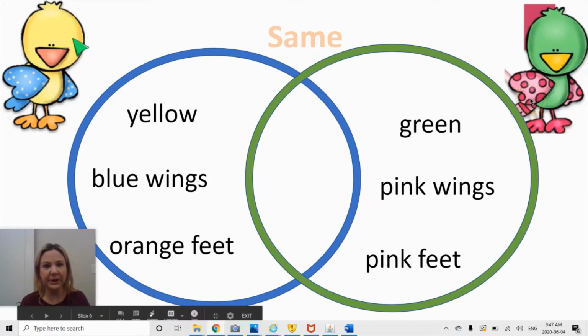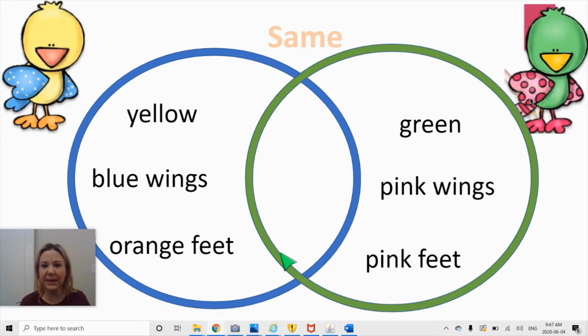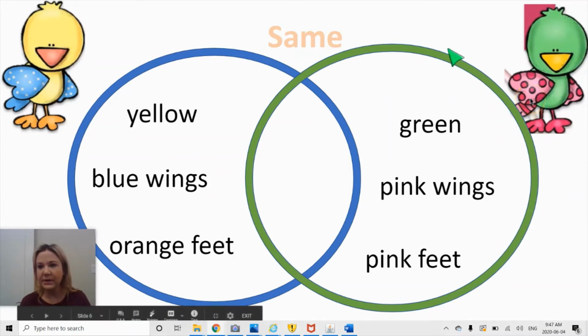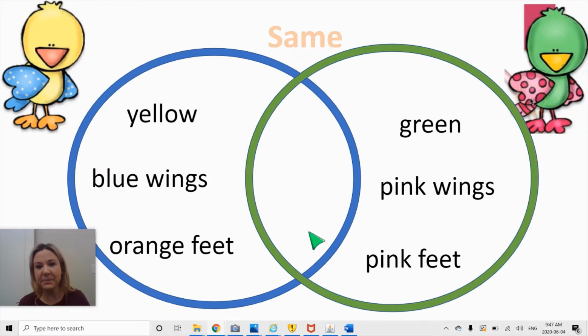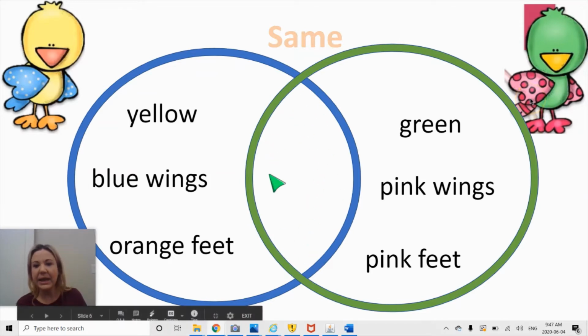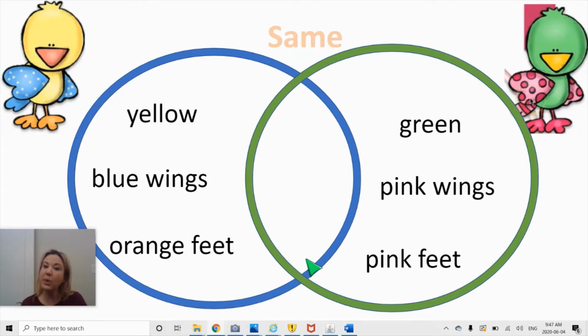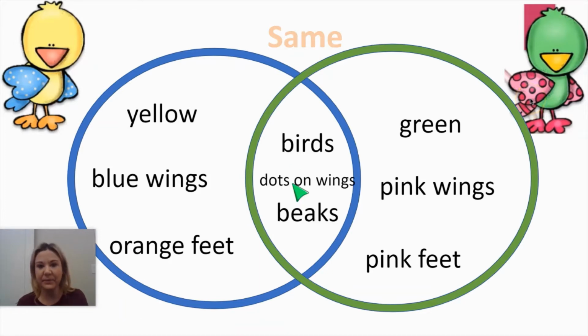Talking about this bird. And here's the green circle. Talking about this bird. Now, there's a space in between, okay? In between, we're going to say what is the same between the two birds. So what the two birds have in common, okay?